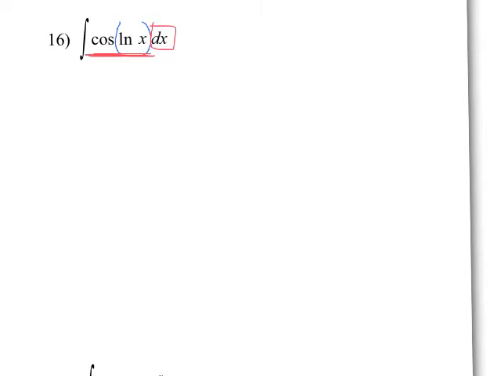Inverse trig, there's no inverse trig. Polynomial, I guess our only term that we really have is the cosine term. So we're going to let our u be cosine of ln of x, which means our dv term is just dx. So let's see what carries out from there.